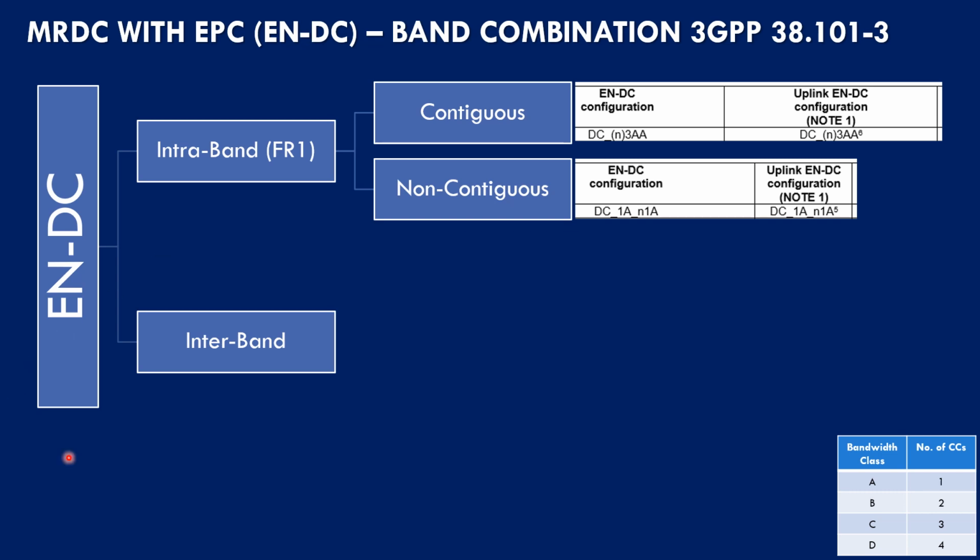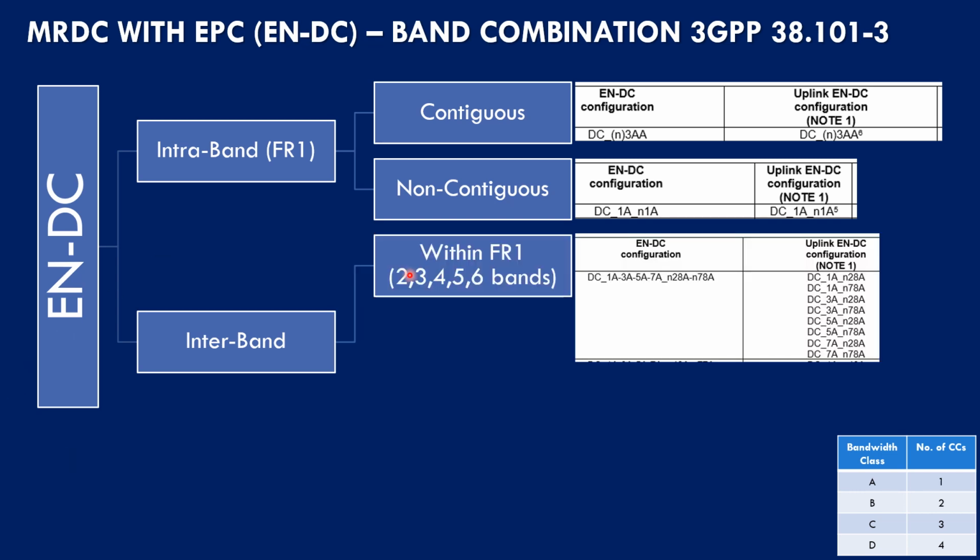Now let us see cases of interband. The first interband category is within FR1. There can be a total of 2, 3, 4, 5 or 6 bands. Here we have taken the 6 band case. In this you can see DC is the common prefix.